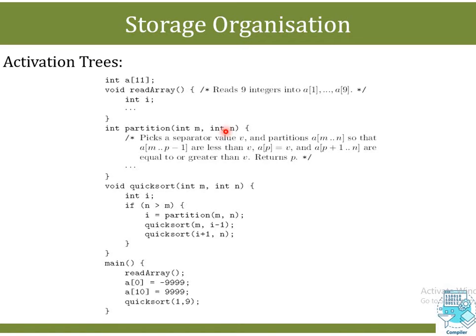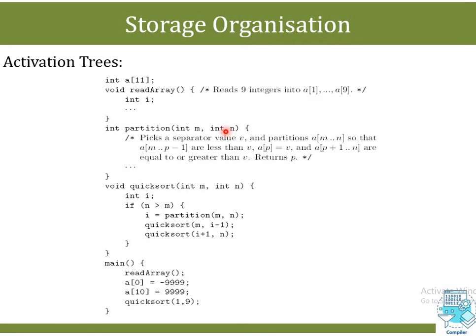Once the pivot element is placed in position I, the elements to its left, from m to I minus 1, will be smaller than the pivot element.